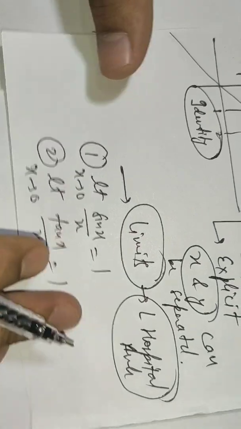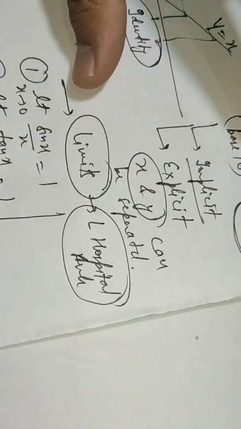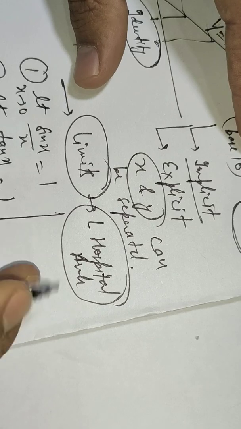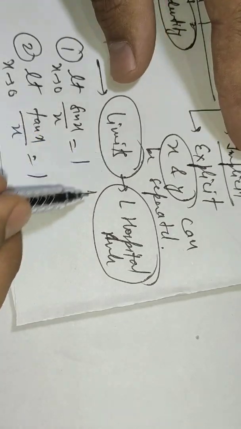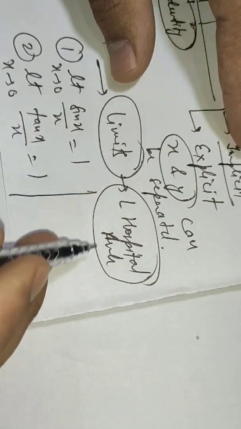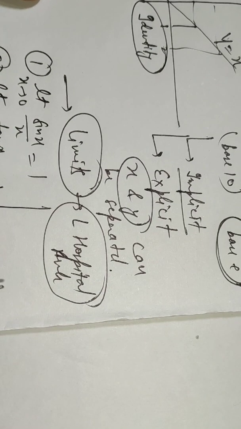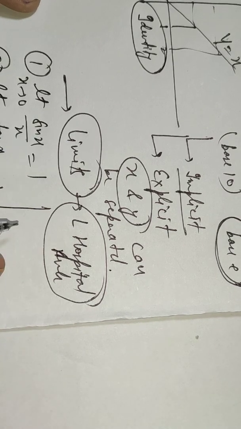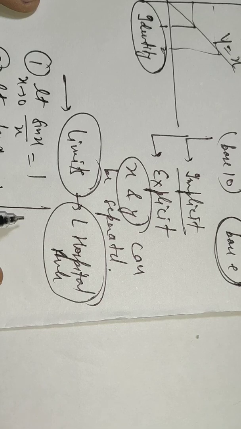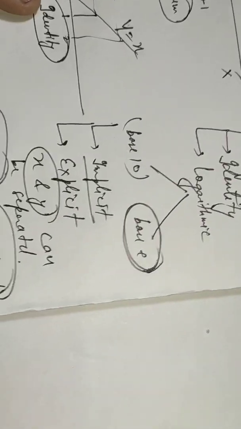There are a lot of formulas. You must go through the NCERT book and see what the basic formulas of limits are. I am not going to teach topics like limits and functions, so you must go through the books of 11th class, and then we are going to deal with it.